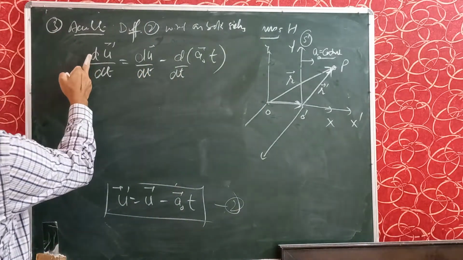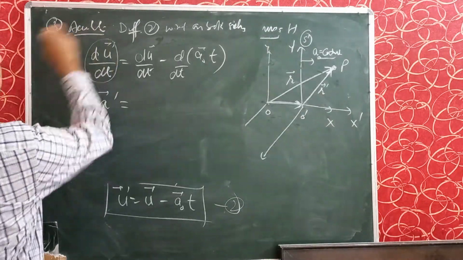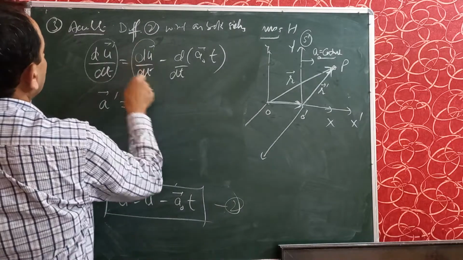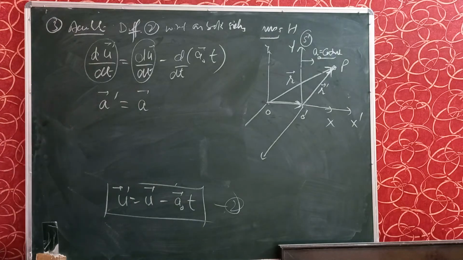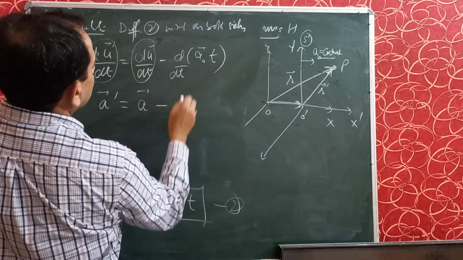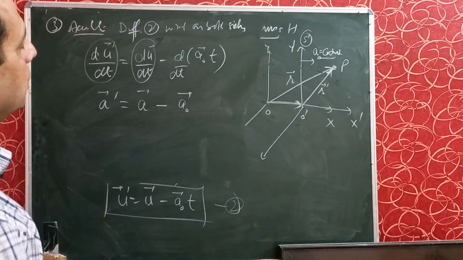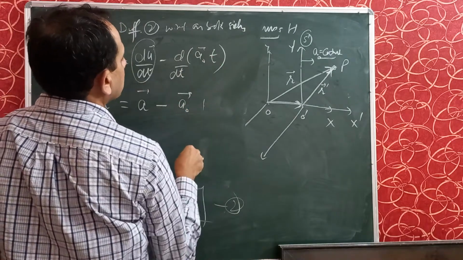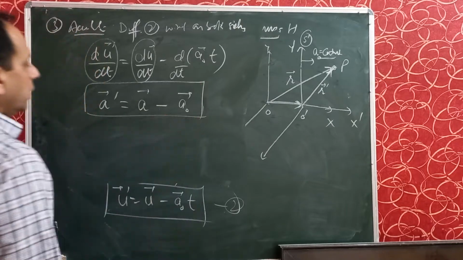Now du dash upon dt is a dash, the acceleration of the particle in S dash frame. And du upon dt is a, again the acceleration of the particle but in S frame. And minus a naught, which is again constant because a naught is the acceleration of the frame, and dt upon dt is 1. Therefore, this is the equation for acceleration.